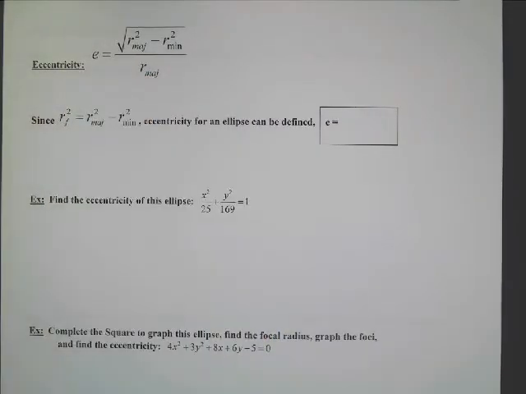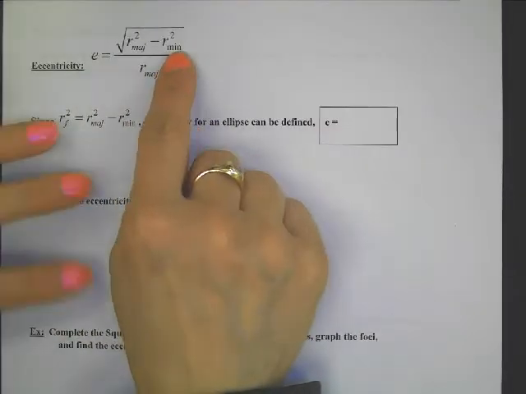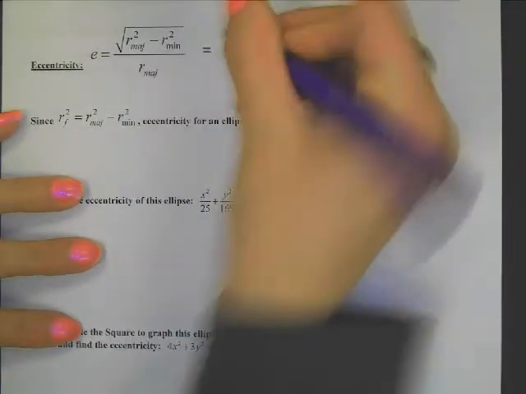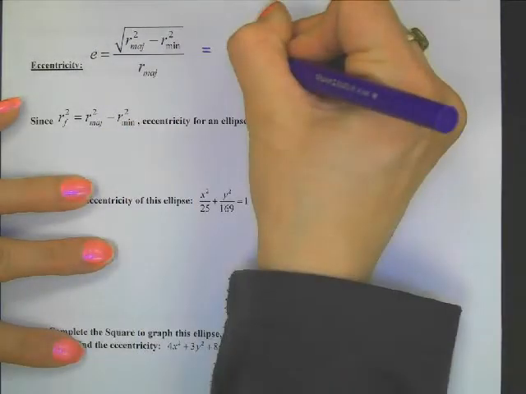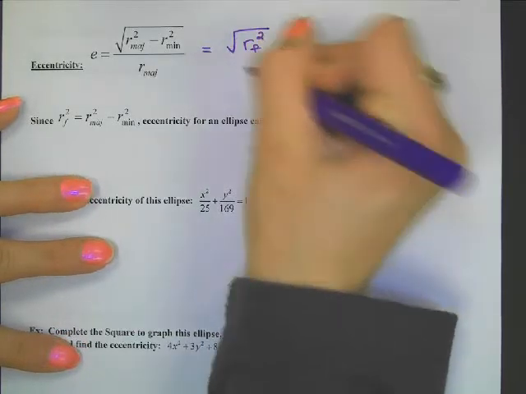Yesterday, we learned an eccentricity formula that says square root of r major squared minus r minor squared, over r major. Now we can simplify this formula a little bit because the radius major squared minus the radius minor squared is actually r sub f squared, the focal radius squared.